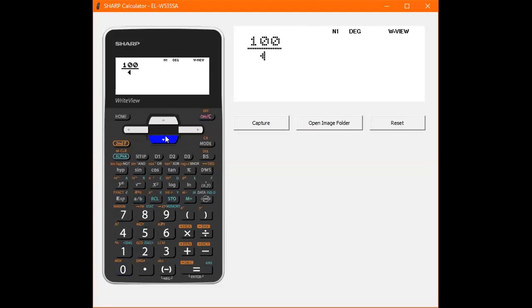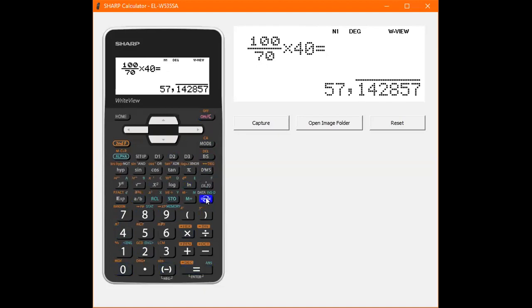At the bottom, you put where you are coming from, so that would be 70. And then you would say times, and you'd put in your first student's mark. So the first student got 40 out of 70. And equals, and we can change that to see that we get 57,14.